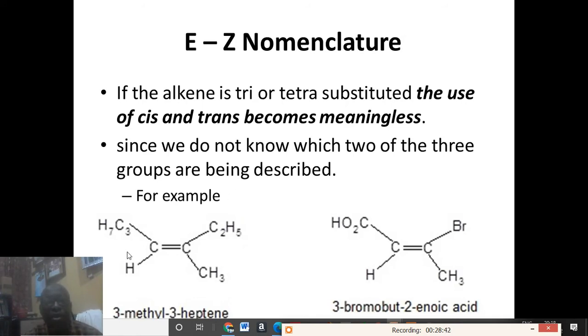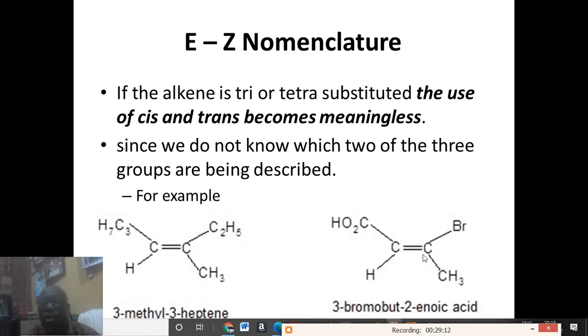For example, take 3-methyl-3-heptene, and look at the carbon-carbon double bond and the groups around it. Here you have methyl, ethyl, and propyl. So which of these is cis to which one? It is not easy to designate any of the isomers of these as cis or trans.